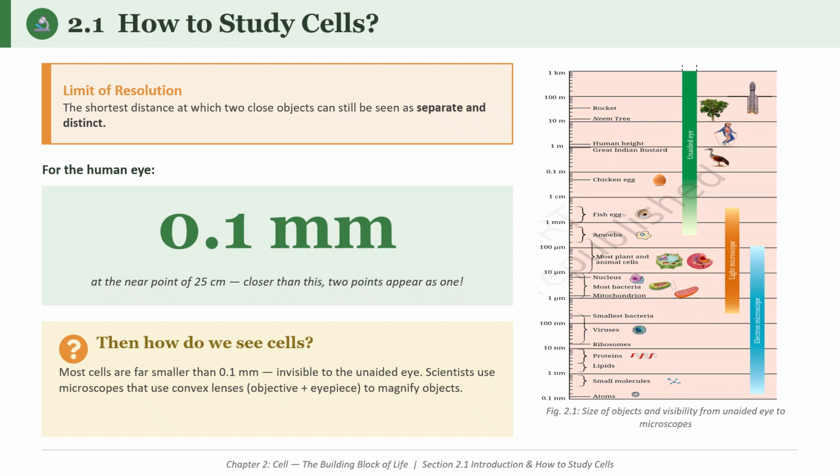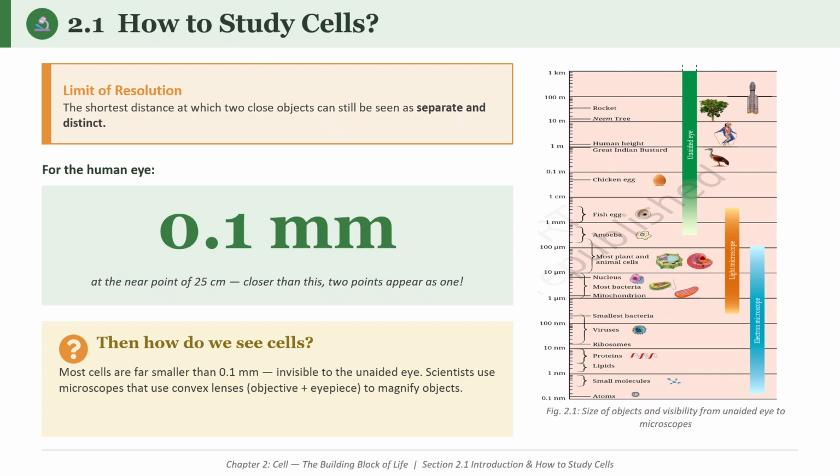We are going to understand the size scale here. Can you see the diagram here? This diagram shows the size of objects and visibility from the unaided eye to the microscope. It helps us to compare objects of different sizes, from large visible objects to extremely tiny particles.